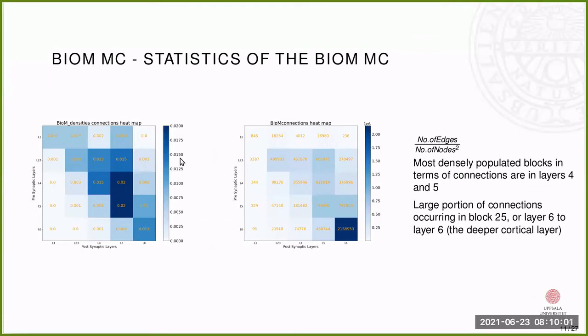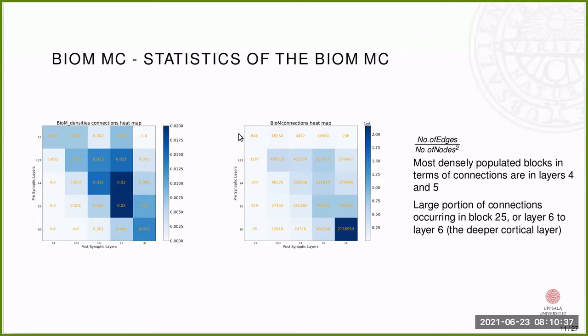Again, the image on the left has some more statistics on the connectome. We wanted to compute the number of connections in each of these blocks in comparison to how many connections there could potentially be. For instance, with this first block here, the presynaptic layer 1 neurons to the postsynaptic layer 1 neurons, we have 0.7% connectivity.